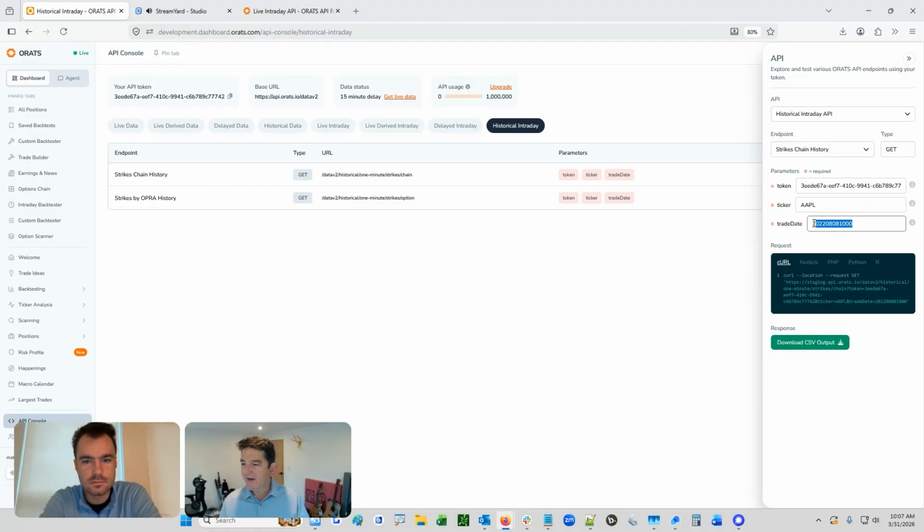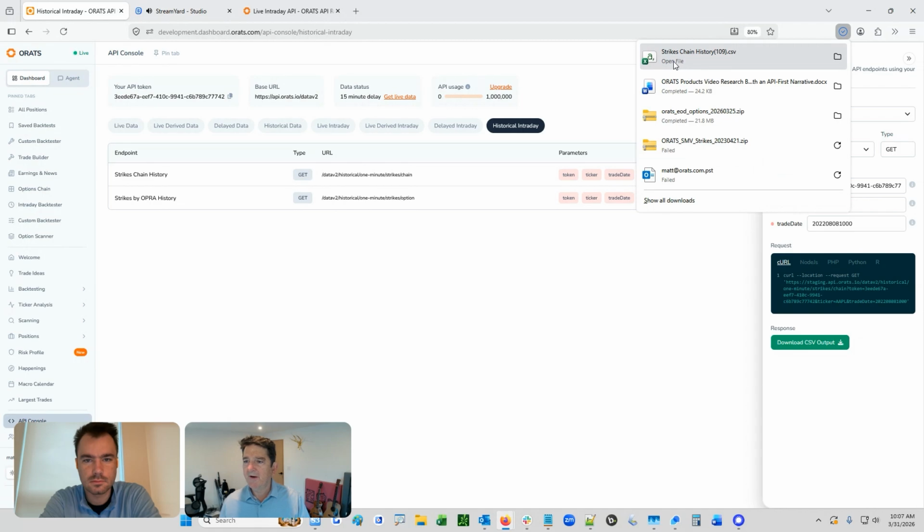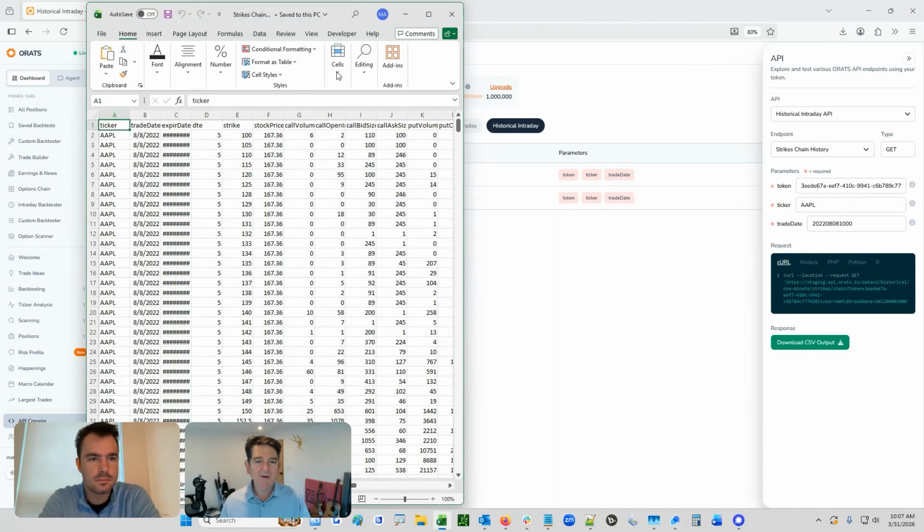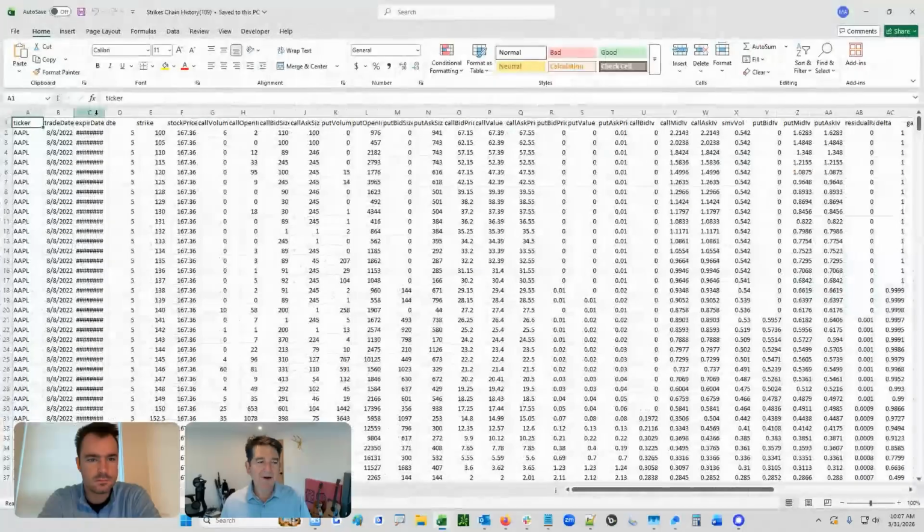This is an individual minute, from 2022, August 8th at 10 a.m. and you just hit download and it's already there. It's so fast. And then this is what you get. This is the strikes file.